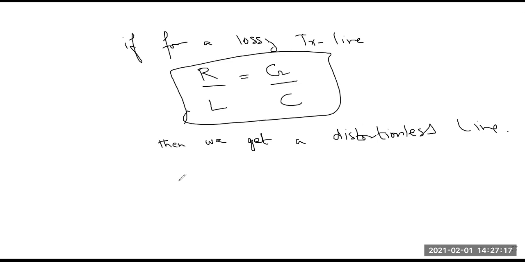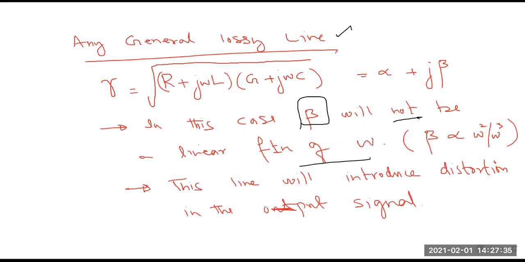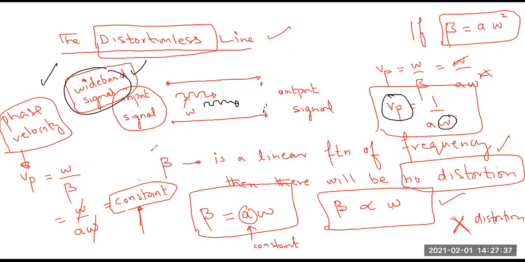So let's verify this condition. What will be the effect of this on phase constant? Because right now we have related the distortionless line to this condition: if beta is a linear function of frequency, then there will be no distortion, and no distortion means a distortionless line.